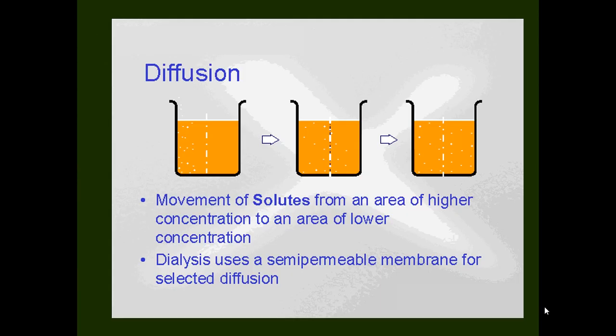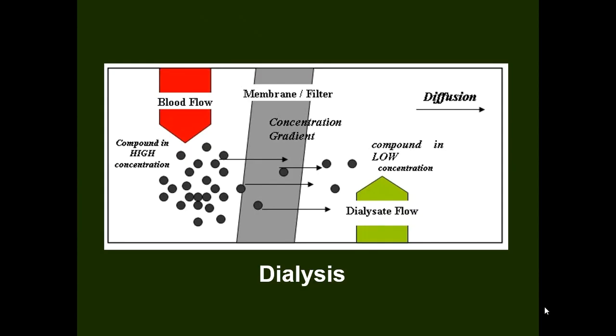So after ultrafiltration and hemofiltration, we come to diffusion. So diffusion is movement of solutes from an area of higher concentration to an area of lower concentration. So dialysis uses a semi-permeable membrane for this diffusion process. So they are going in opposite directions.